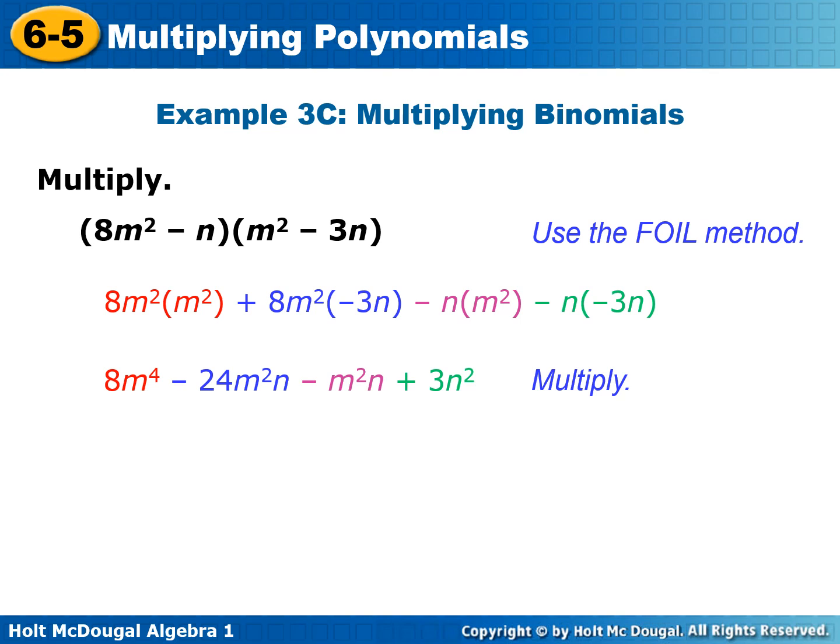Now take note that for these terms in red, in multiplying them, we applied the product rule because they have a common base of m. So we add exponents, and that gives us 8m to the power of 4. And then we also have here 8m squared times -3n, positive times negative, class, that is -24m squared n. And then -n times m squared, that is -m squared n.